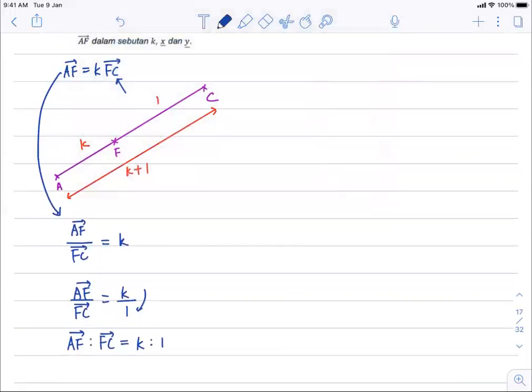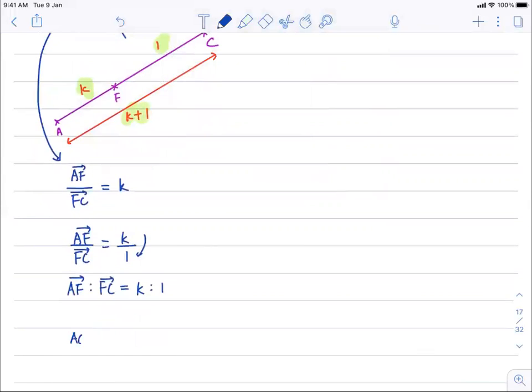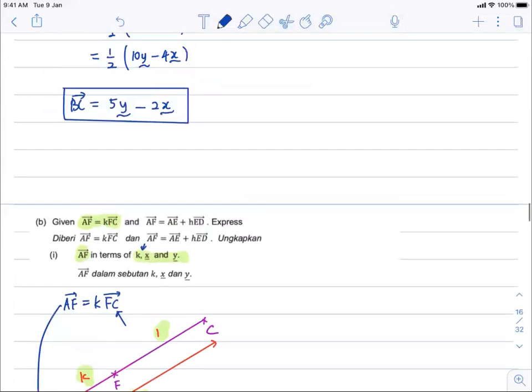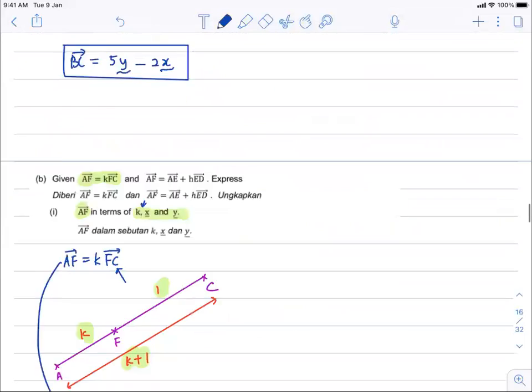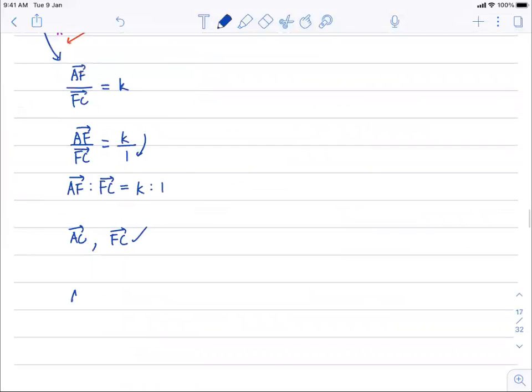After we got this relationship, if we know what AC is, then we can find what FC is. So what is AC? We can find AC first. AC is equal to AB plus BC.